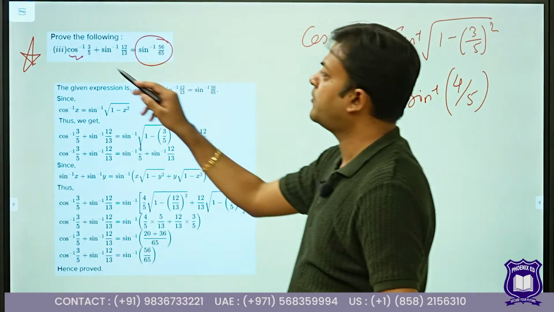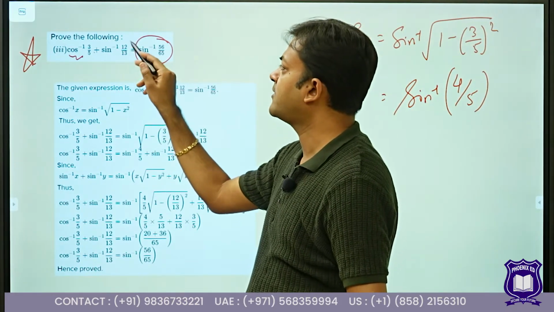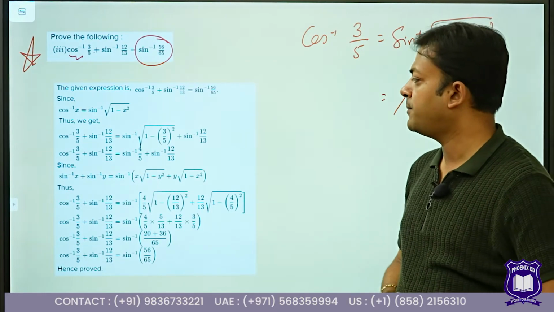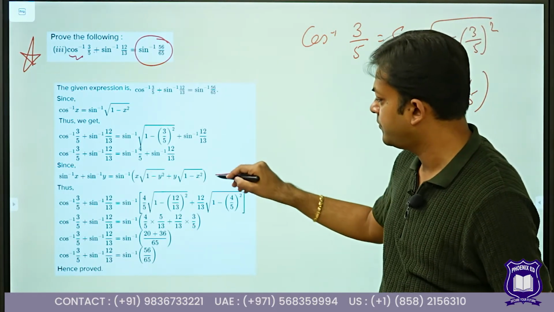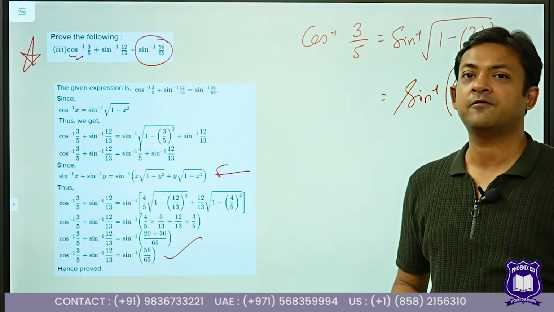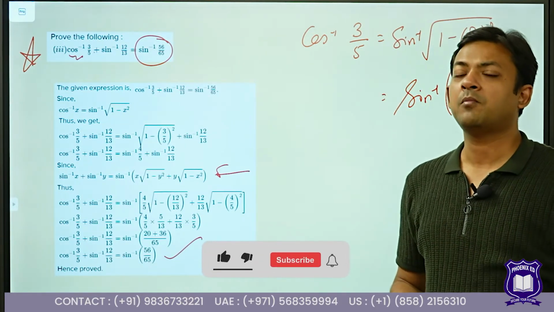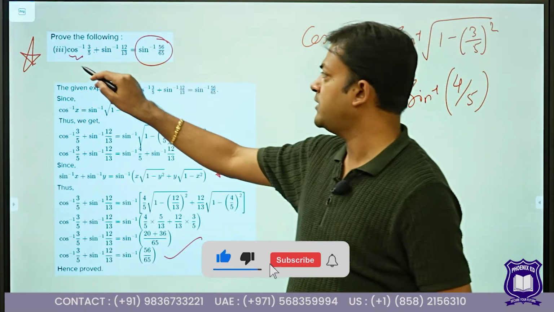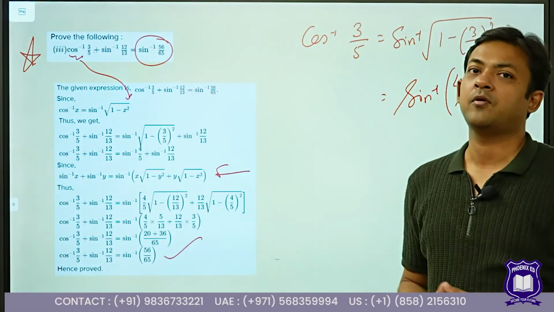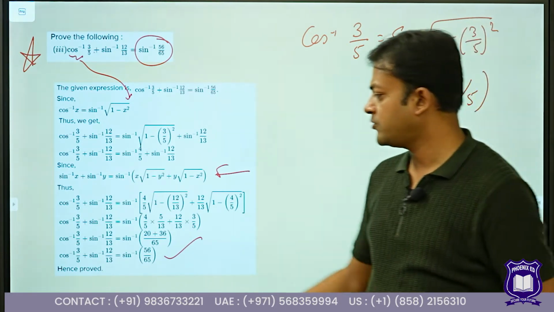Now, the question therefore becomes sin inverse 4 by 5 plus sin inverse 12 by 13. On applying the formula of sin inverse A plus sin inverse B, we get sin inverse of 56 over 65. The particular problem is important because we first need to convert cos inverse into sin inverse and then apply the formula. Let's go on to the next one.